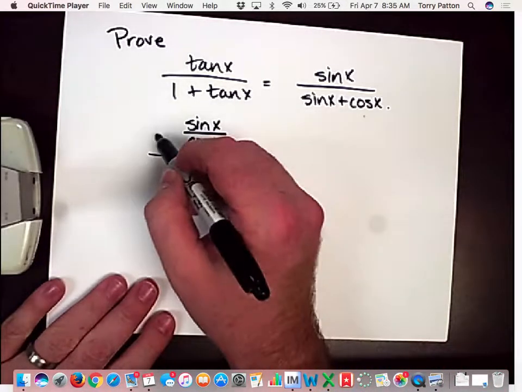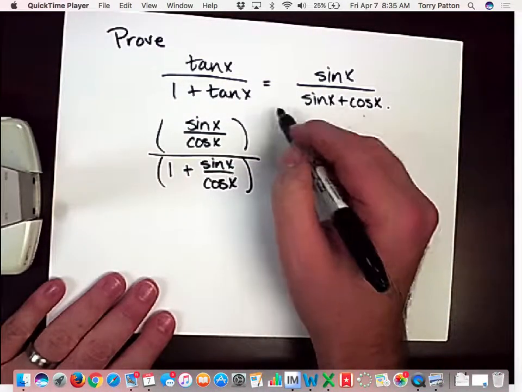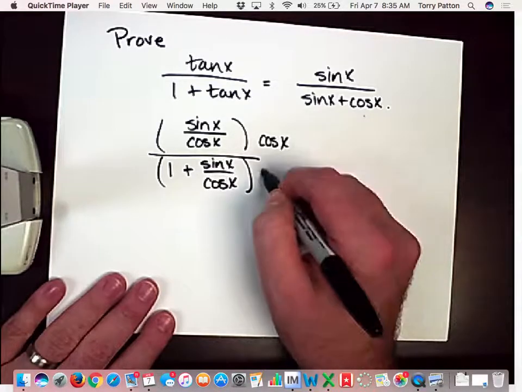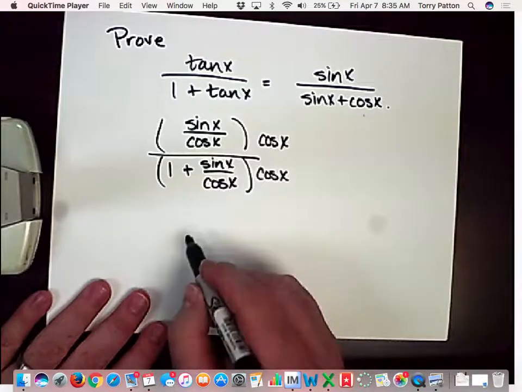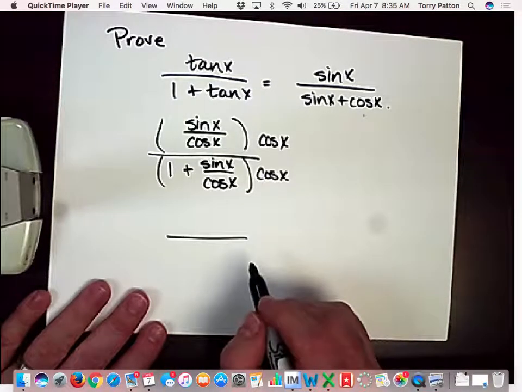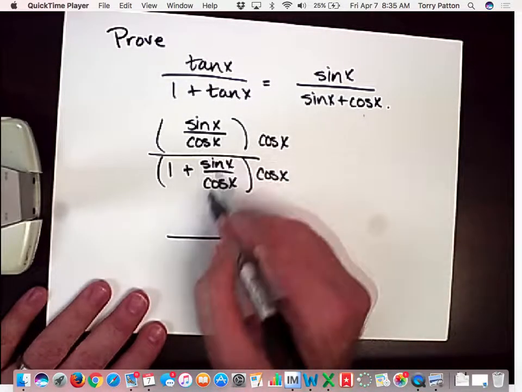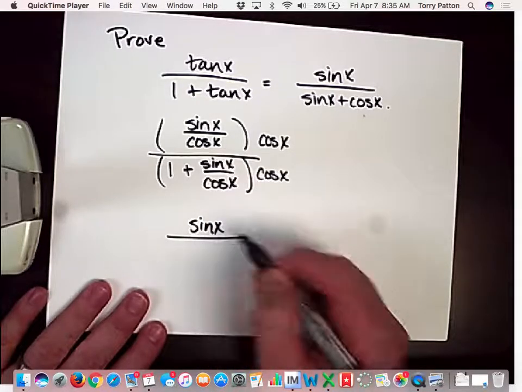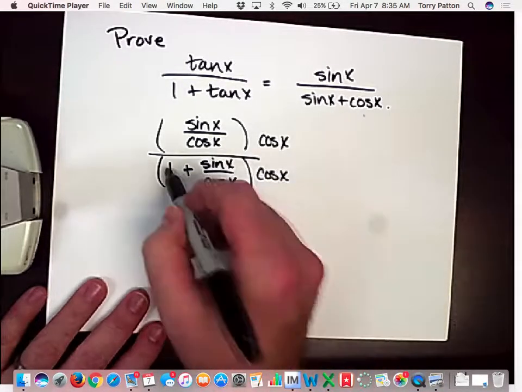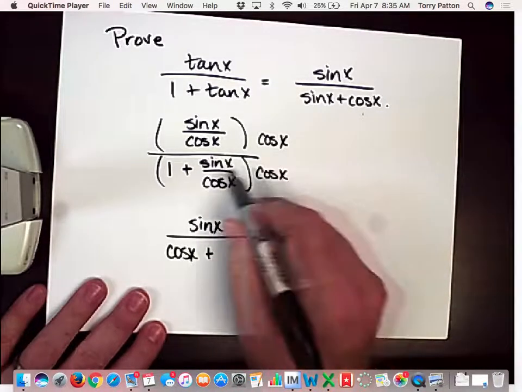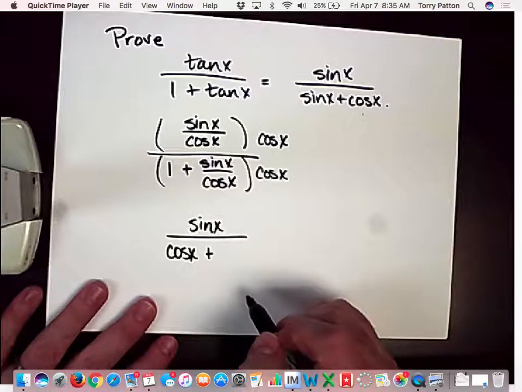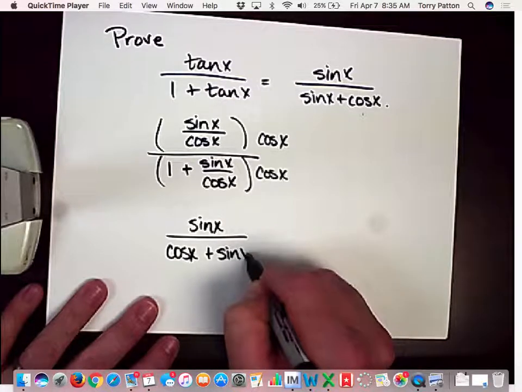So we're going to multiply top and bottom by cosine x. What's this times this? Sine of x, right? Cosine x times 1 is cosine x. Plus, what's cosine x times sine over cosine? And we're done.